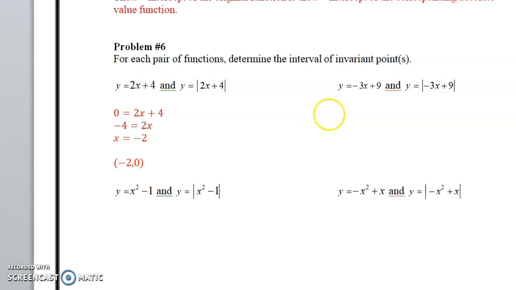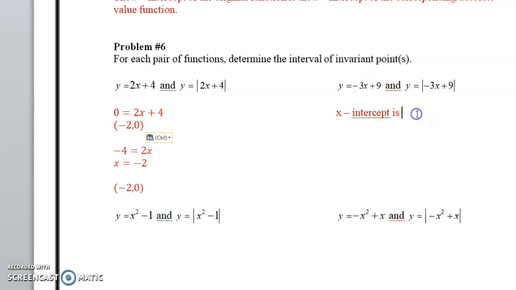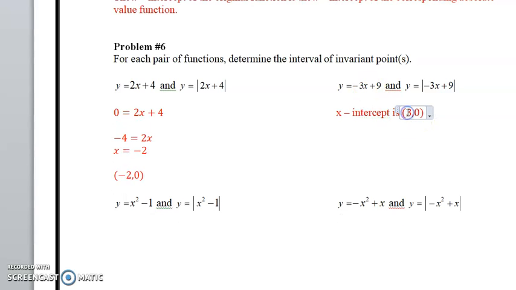The next one, again, I'm not solving all of these. Here you can clearly see that the x-intercept is 3 and 0. Solving quickly, the x-intercept is 3 and 0. What we'll do is graph this quickly.